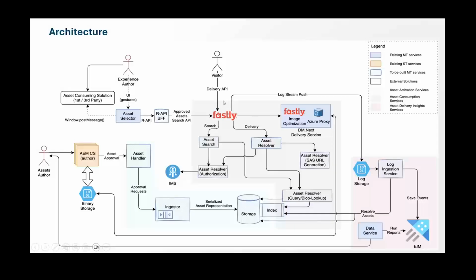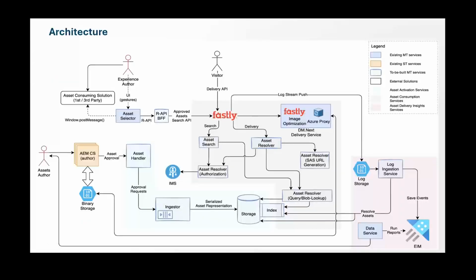Similarly, external users who are playing around with the APIs can also hit the API to search for the asset, and all assets which are non-gated, or you can say not restricted, are easily available just by traversing the UI or through the API. But in case you have any restricted asset, or you want to expose some of the assets only to some of the users, that is also one of the capabilities of this platform, where you can decide how many different types of users this particular asset should be visible to.